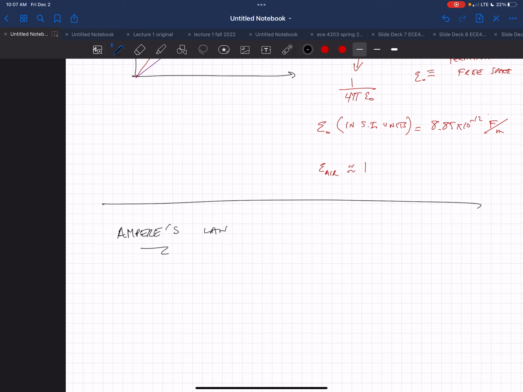I'll write it down. But Ampere came up with an expression for the fact that a current creates a magnetic field. So again, Coulomb, Ampere, this kind of thing.